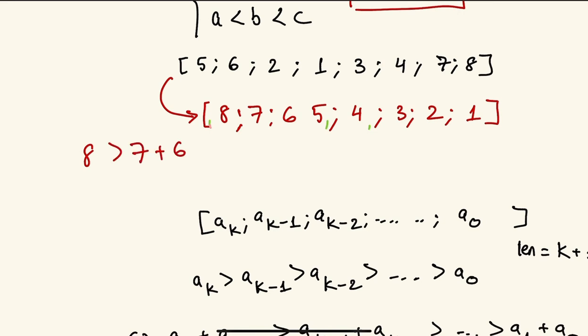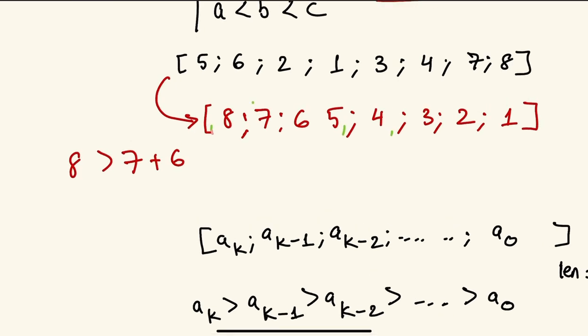So why am I not checking whether 8 is bigger than 7 plus 5, and then 7 plus 4, then plus 3? Here's the important thing: because 7 plus 6 is the largest sum that I can find of two numbers after 8, I mean, to the right of 8.